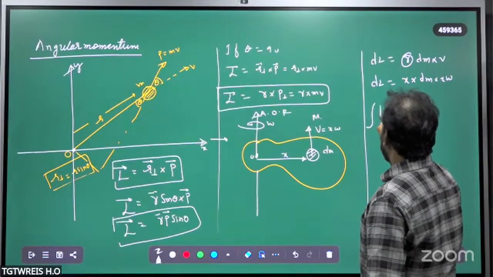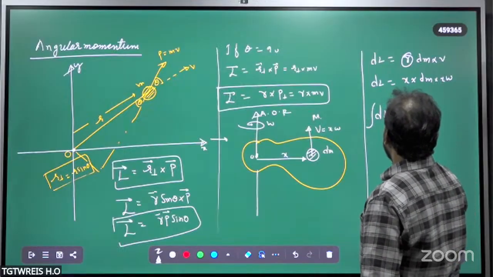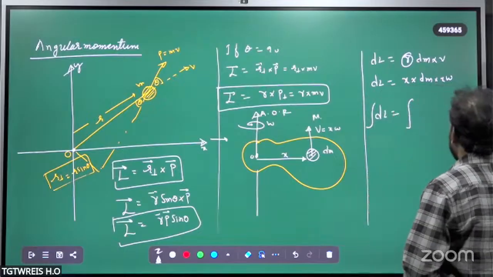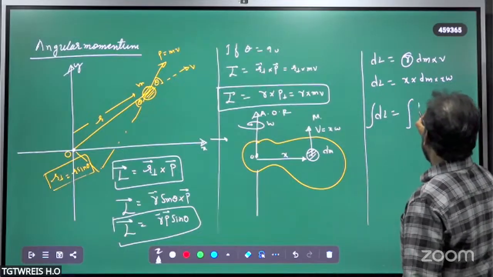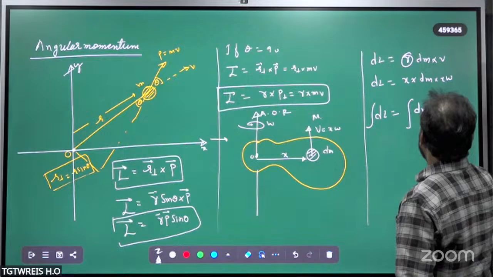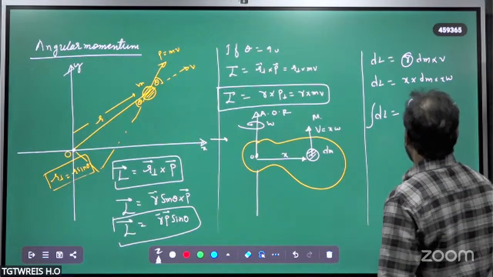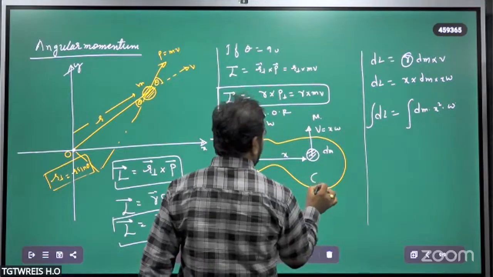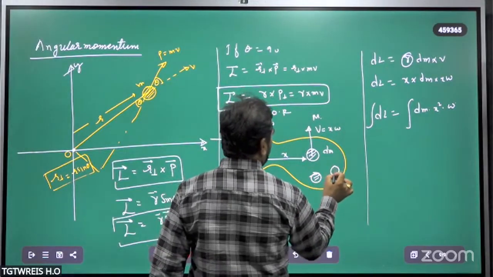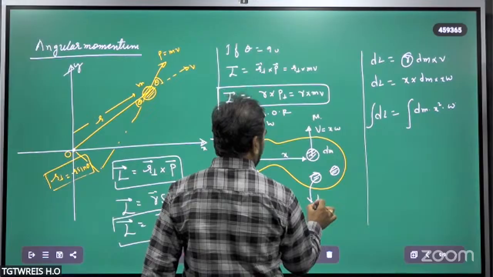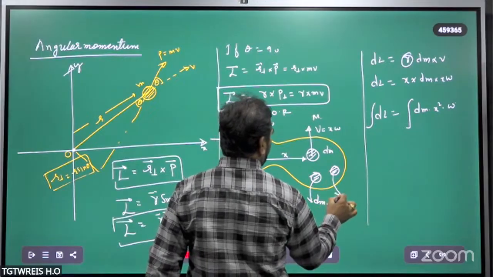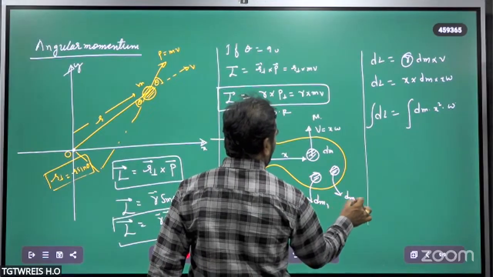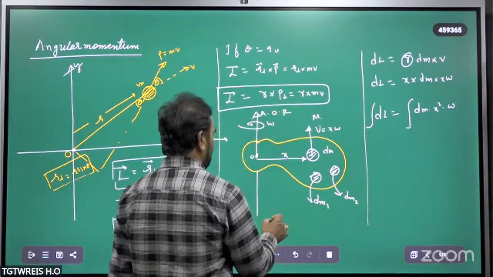Do integration. Integration of dL is equal to integration of what? Integration of dm into x square into omega. Okay, so how many particles will it consist of? So many particles are there. Let's say this is dm1, this is dm2, and so on. N number of particles are there.